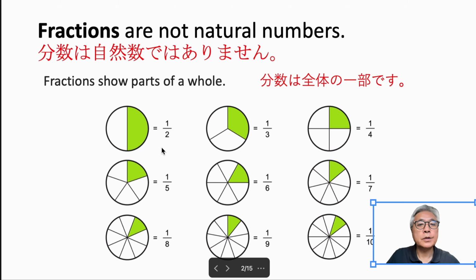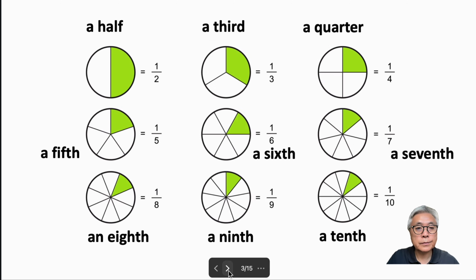Half, 2分の1. Okay, so let's check how to read these fractions. First one, a half, 2分の1. A third, 3分の1. A quarter, 1 quarter, 4分の1.